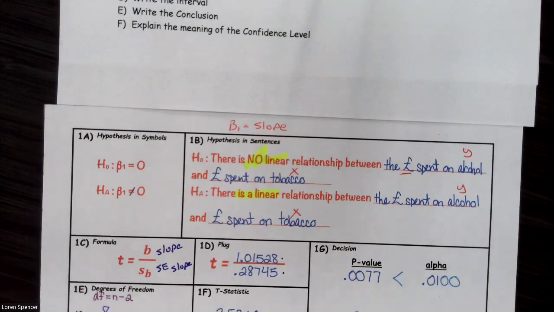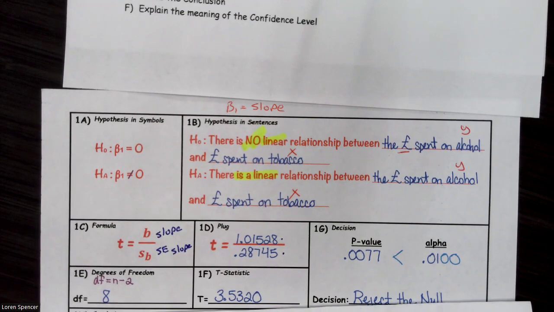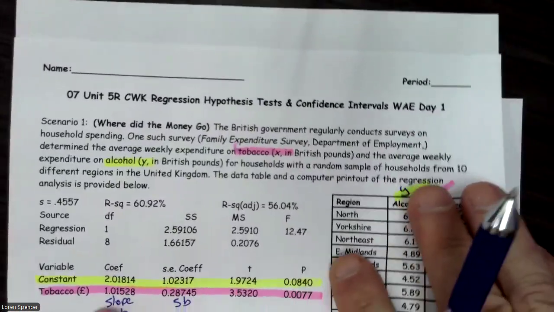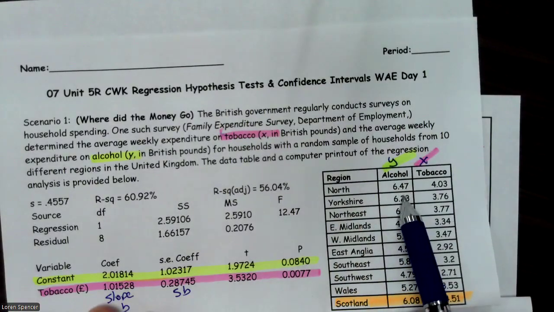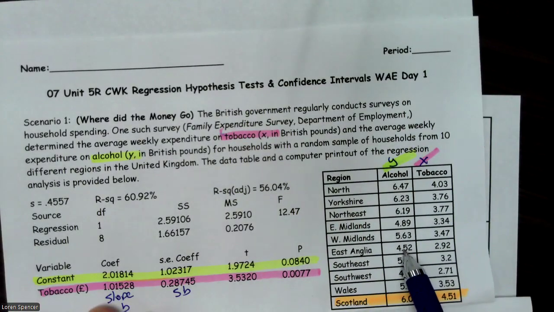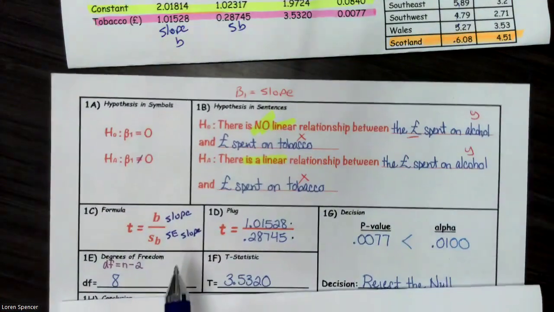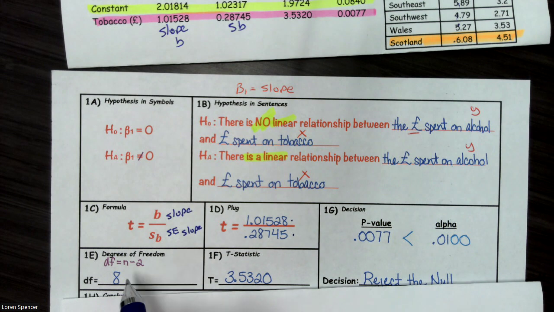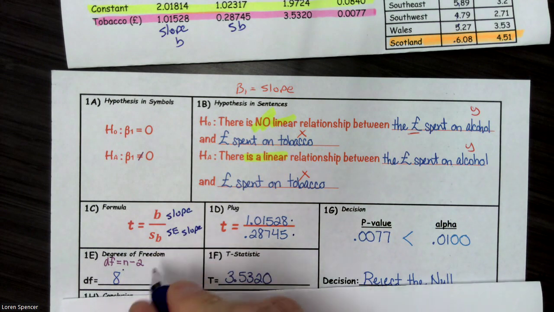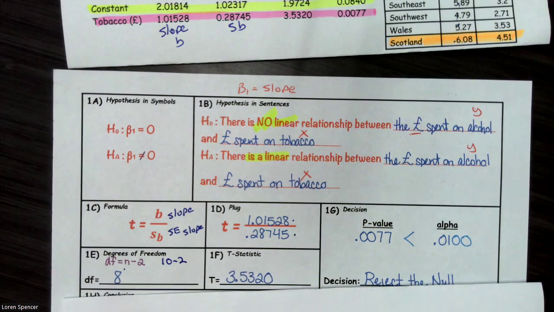All right. Now, a couple things that we need to talk about. Our degrees of freedom. Well, how many data points did we have? In this case, we had 1, 2, 3, 4, 5, 6, 7, 8, 9, 10. And degrees of freedom for regression is n minus 2. So we had 10 data points, we went 10 minus 2, and that gave us 8.